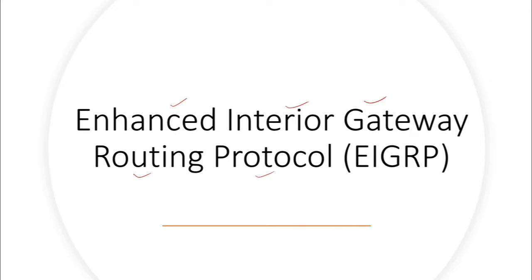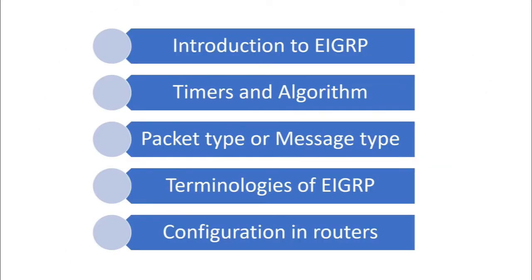Okay, and in this session we are going to cover an introduction to EIGRP. First I'm going to cover the introduction, where I will tell you what EIGRP basically is. Then the timers, what the different timers are, like hello timers, hold down timers, and others, and what algorithm it is going to use for the calculation of the different paths.